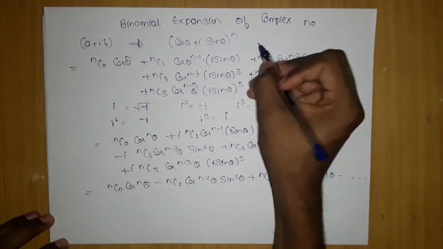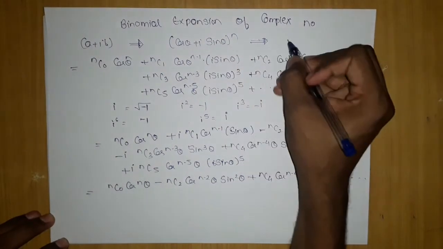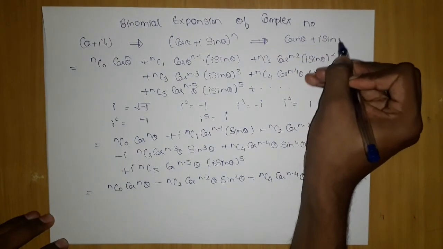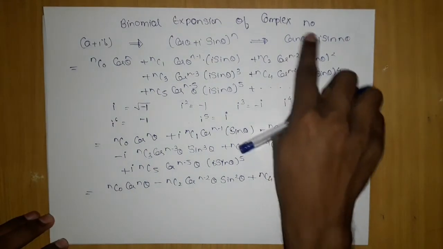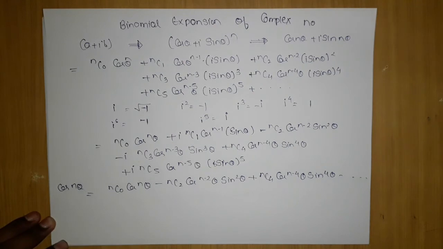Now you know by de Moivre's theorem that the power can be written in this format: cos nθ plus i sin nθ. This power can be brought here. So using this property, I can write this is equal to cos nθ.